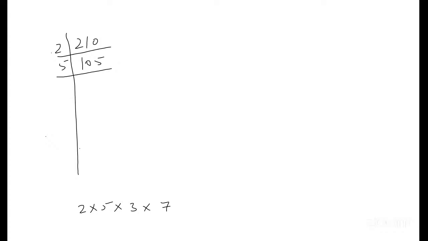No, when you don't get it, see, divide 105 by 5. Ma'am, can I say 3 also? 3 can also come. Okay, 105 is divisible by 3 because 1 plus 5 adds up to 6, and 6 comes in the table of 3.